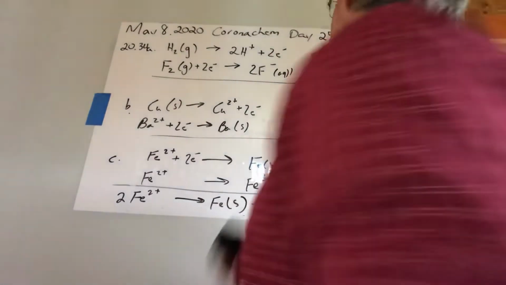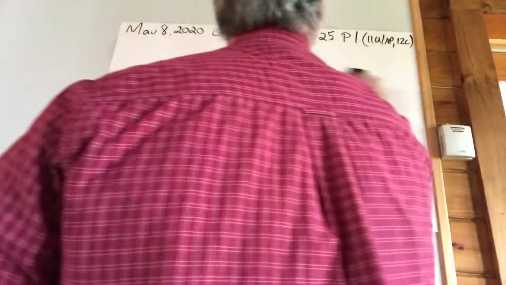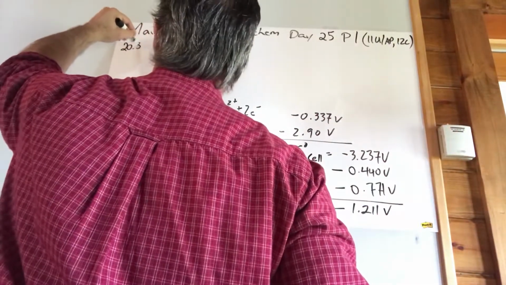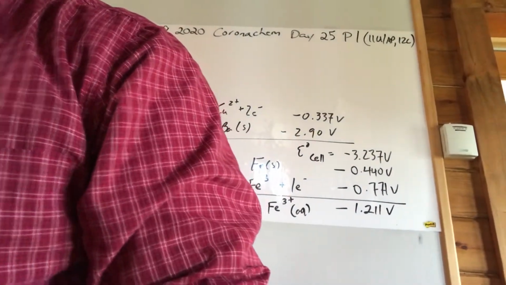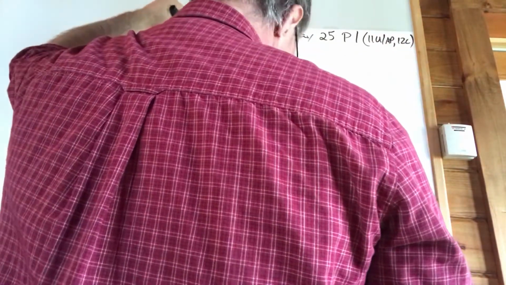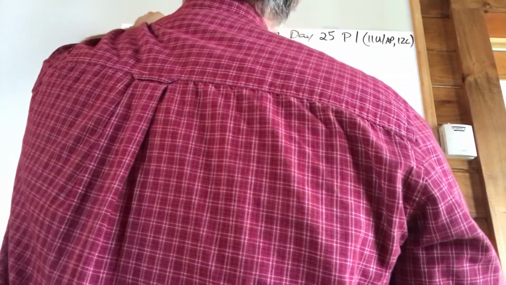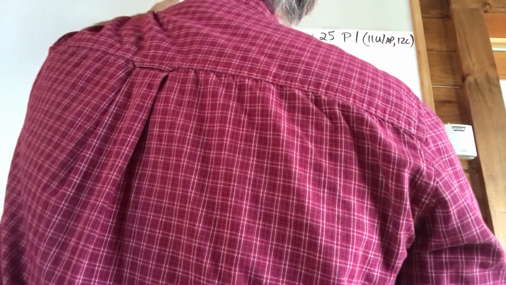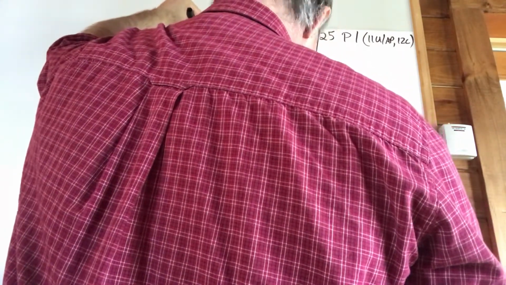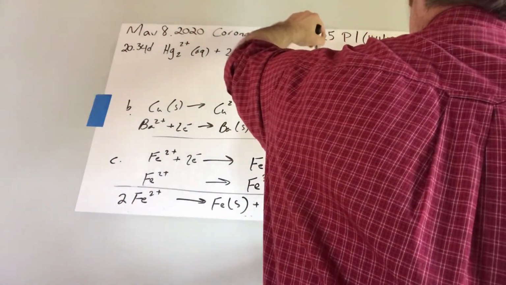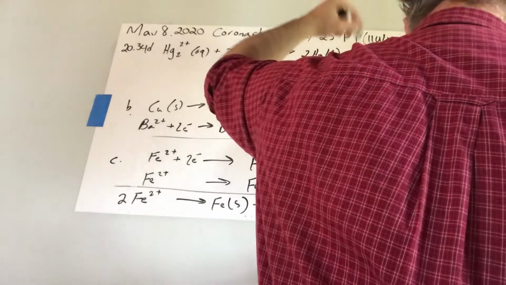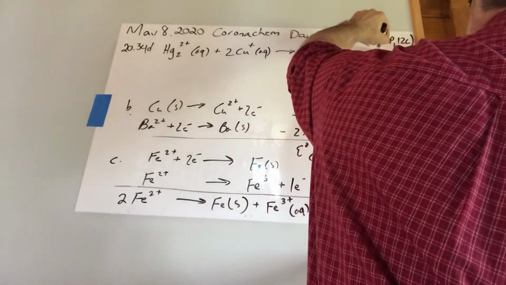Finally, the last step, 2434D. It shows you mercurous ion reacting with two cuprous ions to yield liquid mercury, or elemental mercury, plus two cupric ions.